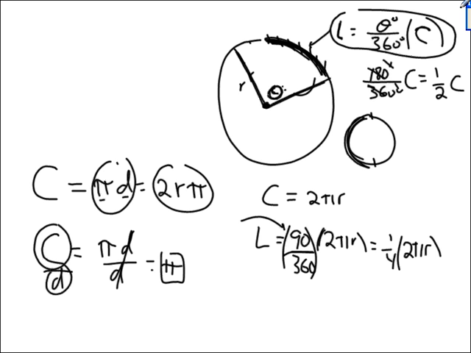Now remember one other thing. If that's theta, then we also call that theta. So the theta in the formula can be the measure of the central angle in degrees or the measure of the arc in degrees. Now we're learning how to find the measure of the arc in a length.